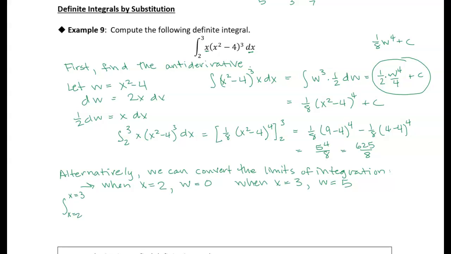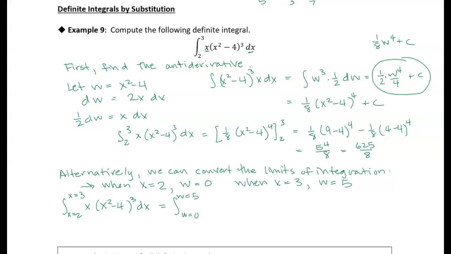Normally we don't write the x equals for the limits of integration, but I'm just trying to make a point here. This is what we're trying to integrate, right? It's x squared minus 4 cubed dx. I wrote minus 5 in my notes for some reason, but it's minus 4. That is going to be the same as integrating with respect to w, from w equals 0 to w equals 5.